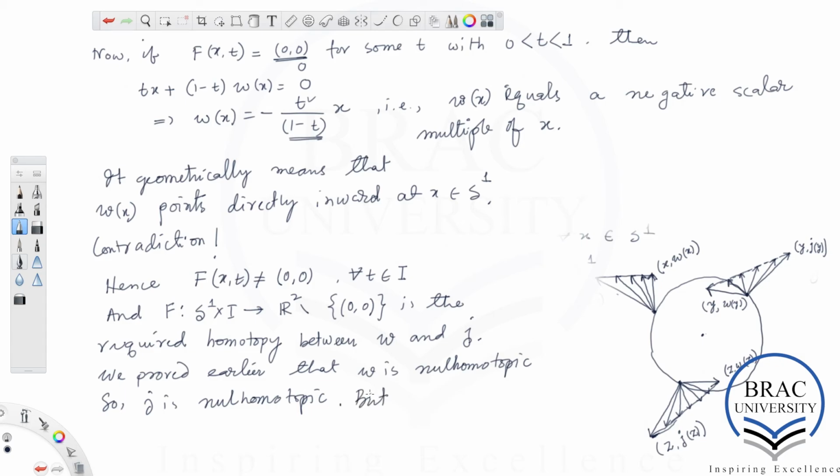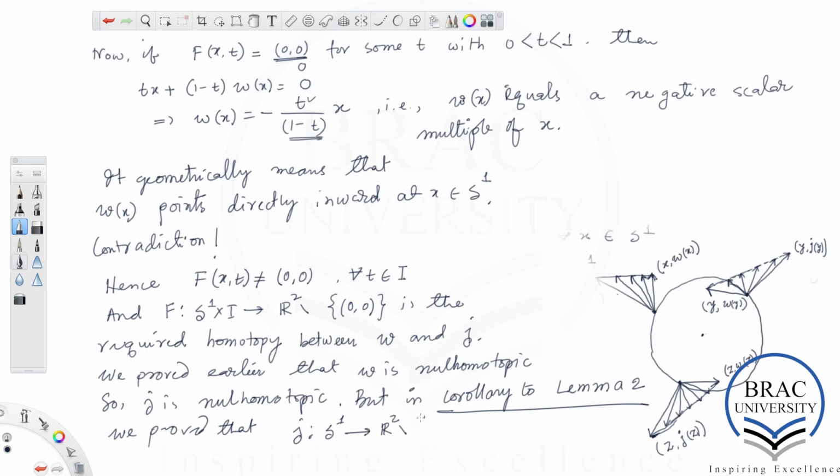But in the corollary to lemma 2, which we proved at the start of this segment, we proved that this inclusion map of the unit circle into the punctured plane is not null homotopic, which contradicts our finding that J is null homotopic.